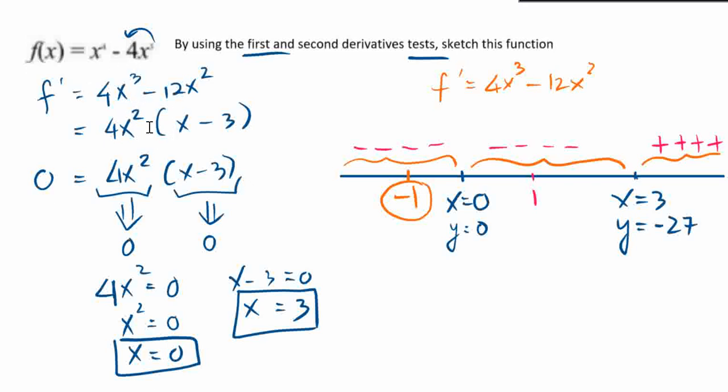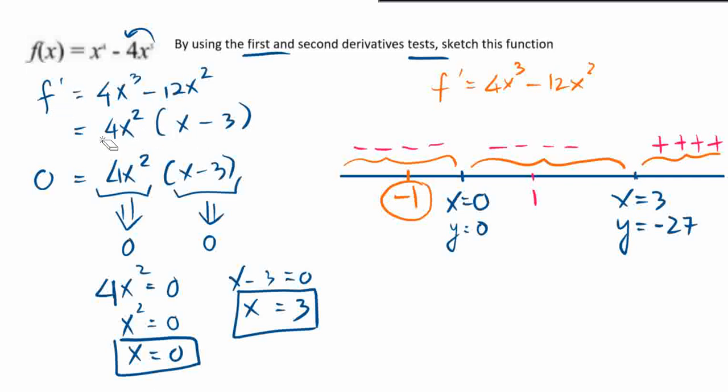Now we can factorize these two terms, which have the common factor of 4x squared. Taking 4x squared out of 4x cubed, we have x left. Taking 4x squared out of minus 12x squared, we have minus 3, since minus 12x squared divided by 4x squared is minus 3. So this is the factorized first derivative.